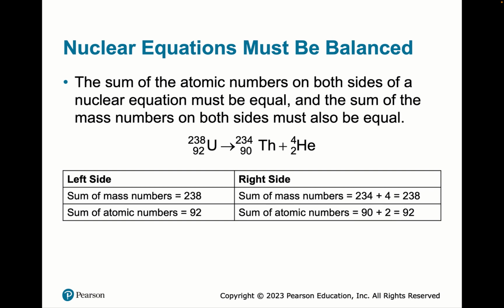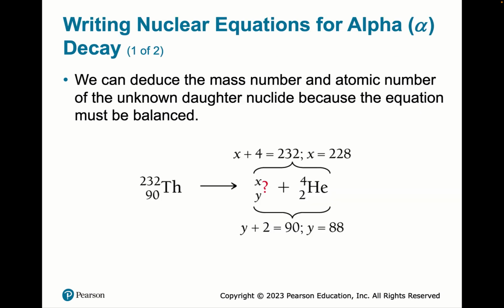So I already mentioned how they balance the nuclear equations. So how do we do this? So thorium then is going to decompose further, it's going to alpha decay, and now we have to know what the symbol is.